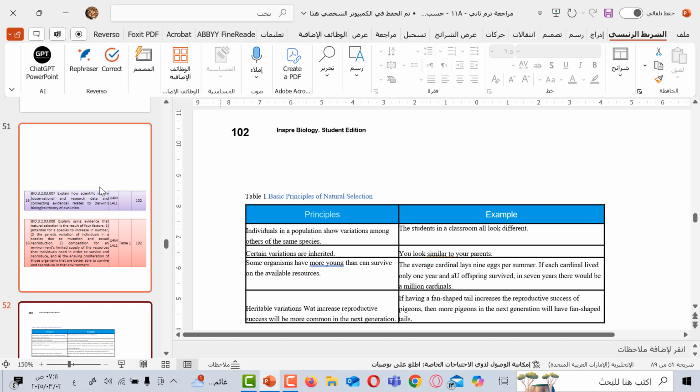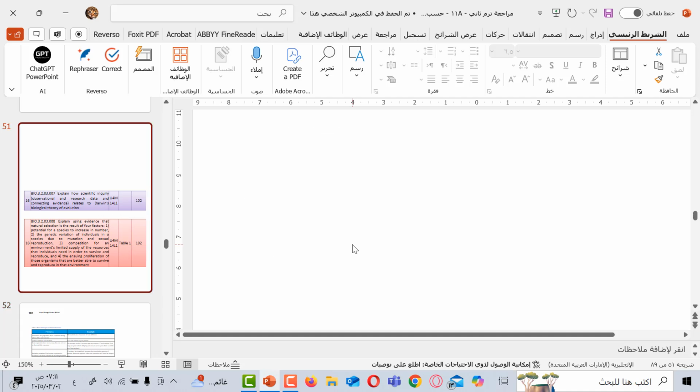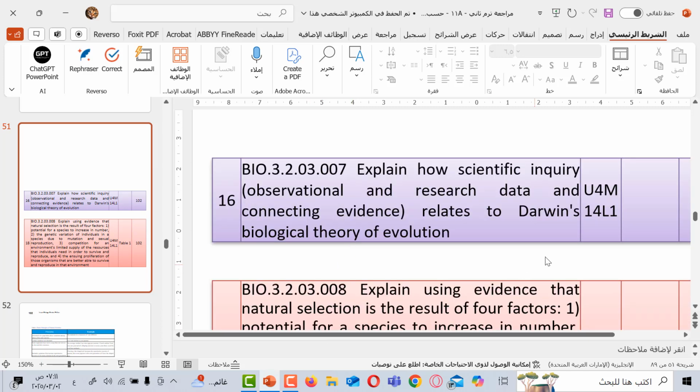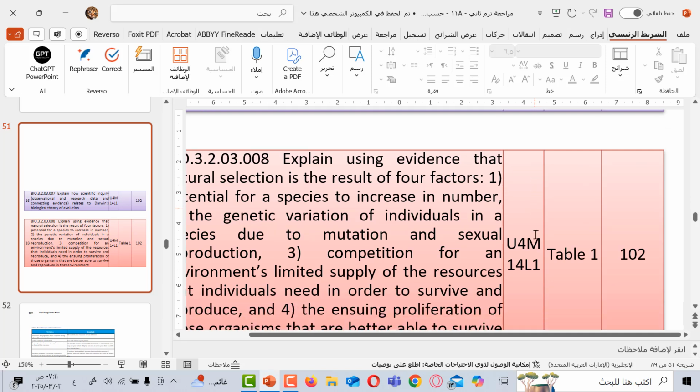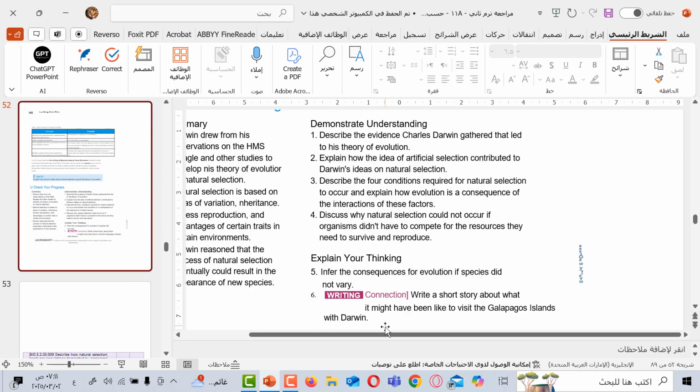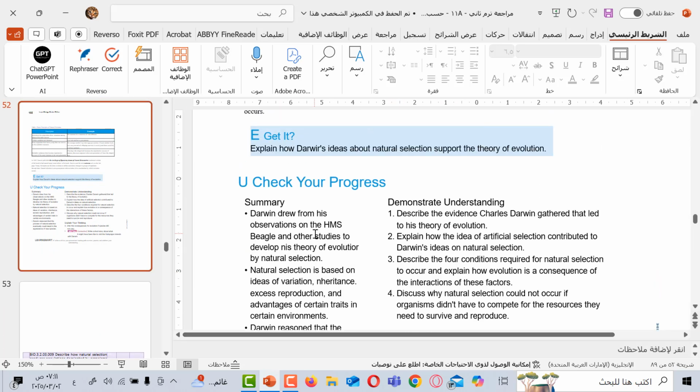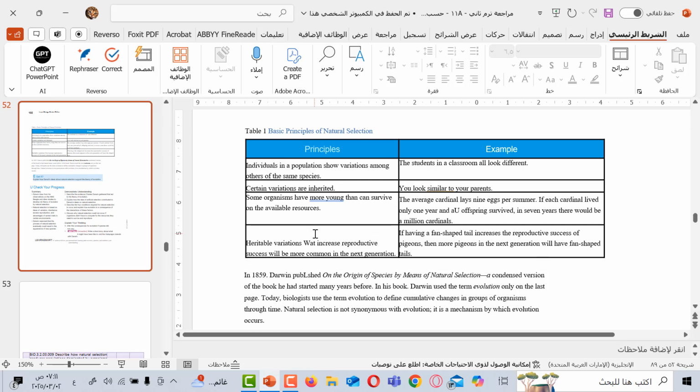Okay, the question here: one is from all the page, and the other one is from table 1. So be careful, there are two questions on this page, one from all the page and one from this table. What does this table study? Let us see. Basic principles of natural selection.